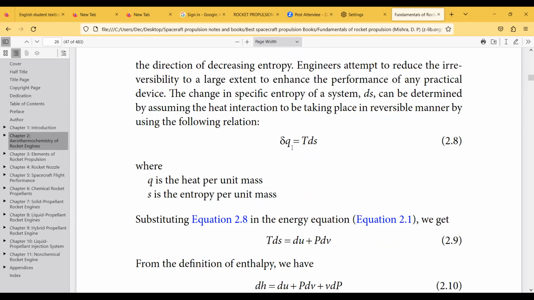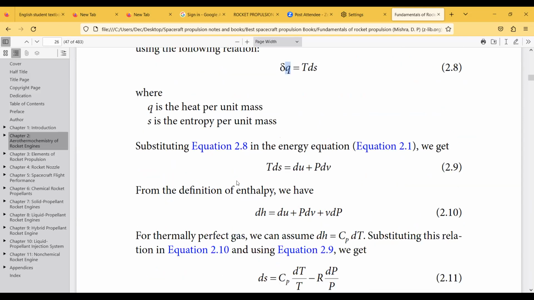But the smaller letters represent per unit mass quantities. So delta q is equal to T times ds, which is for the reversible process, and can be expressed as TdS, which is equal to du plus pdv. Now we are representing the enthalpy.